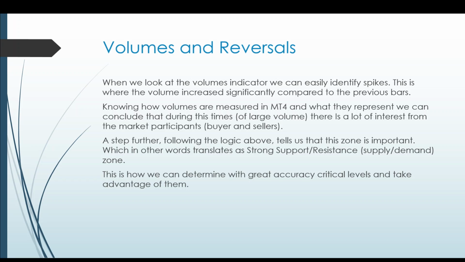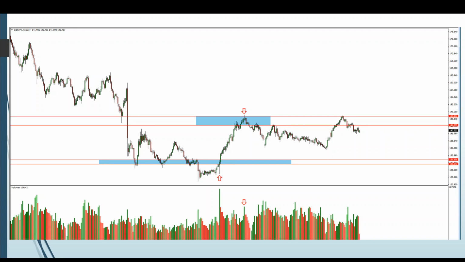Now, let me give you an example here. This is the pound yen daily chart, and the price is moving lower. And then we start identifying these huge spikes in volume. Another one here. This one is not that much bigger than the previous one, but it still stands out when you look at the chart. We have one here as well, pointing upwards.